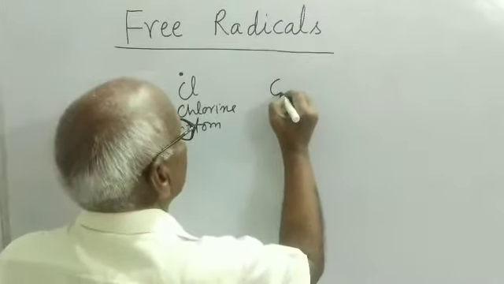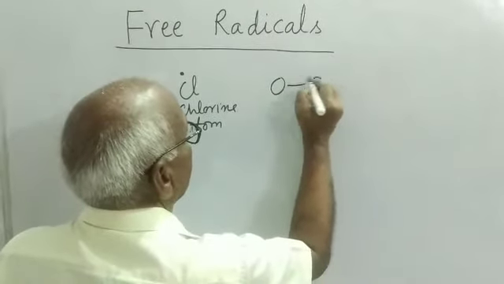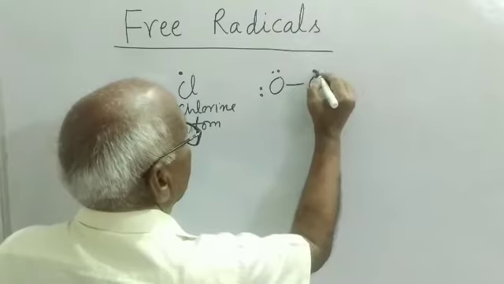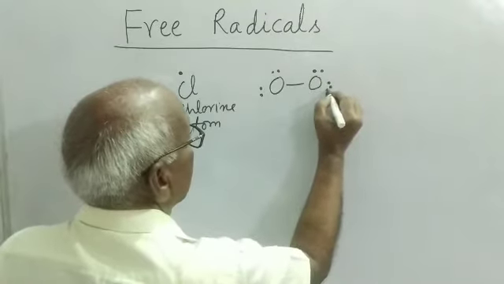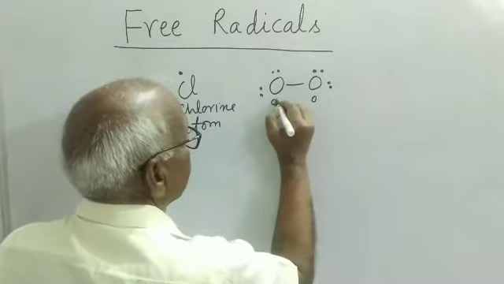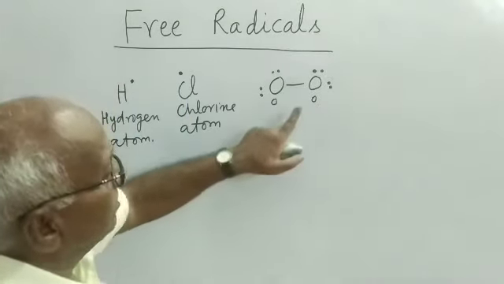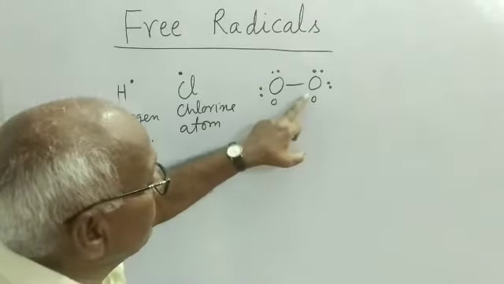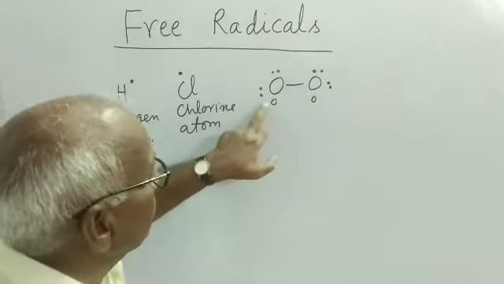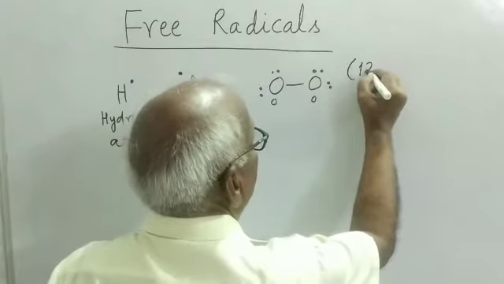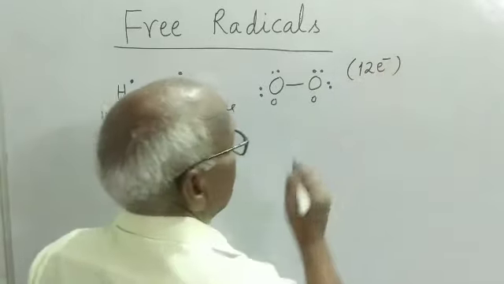See example, oxygen. Total number of electrons in oxygen is 12. Say 6 electrons in this case and 6 electrons in this case. So total number of electrons in the oxygen molecule is 12.